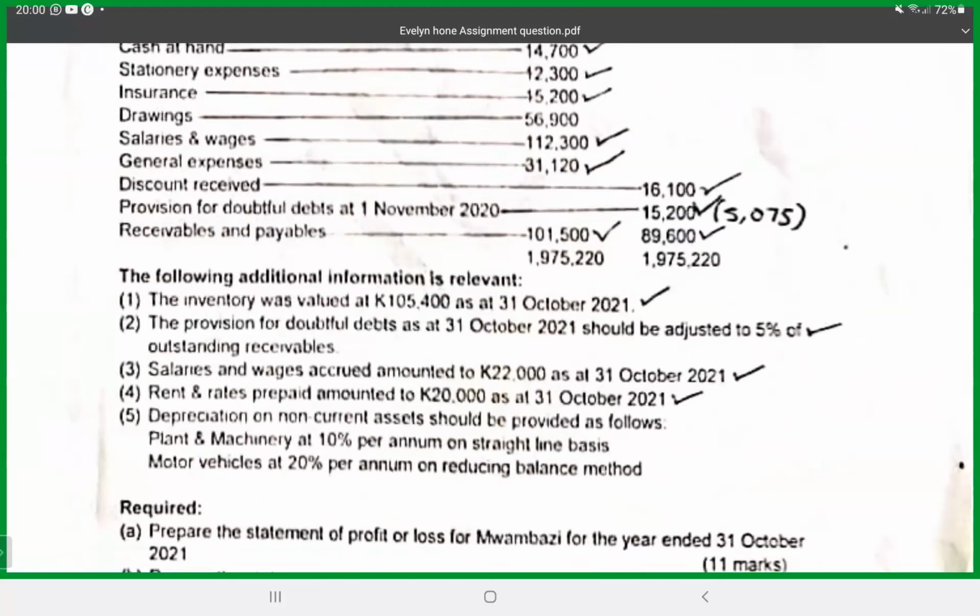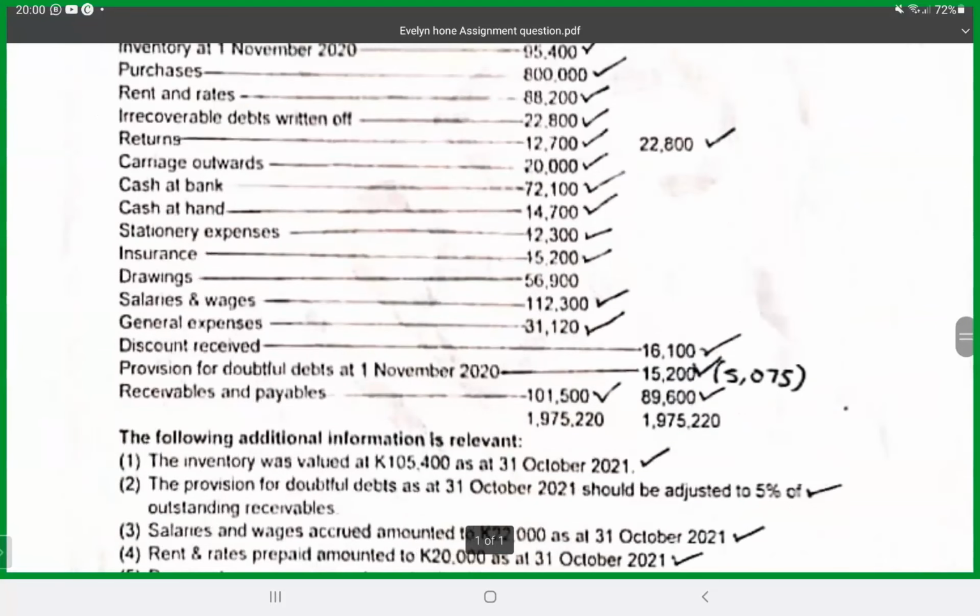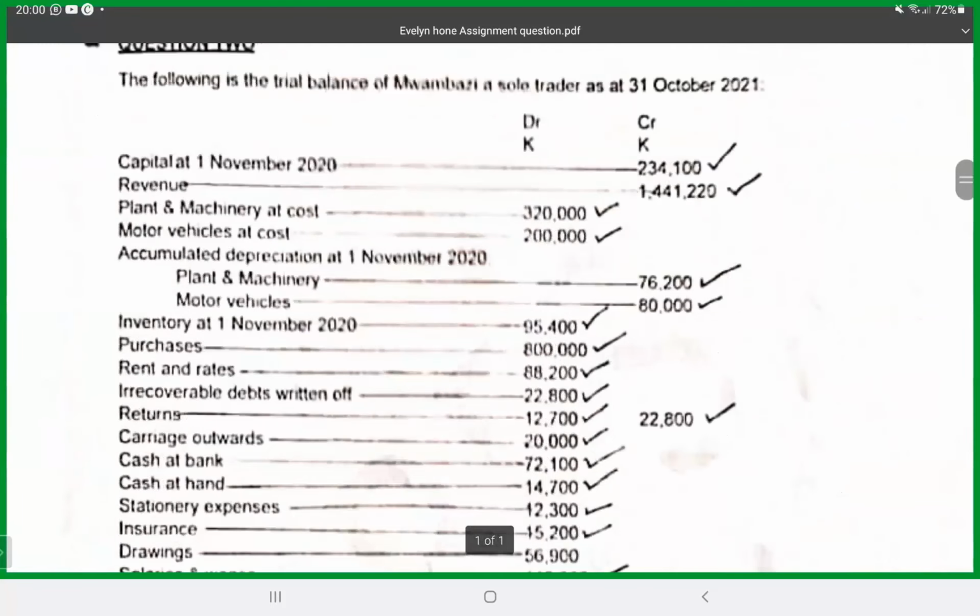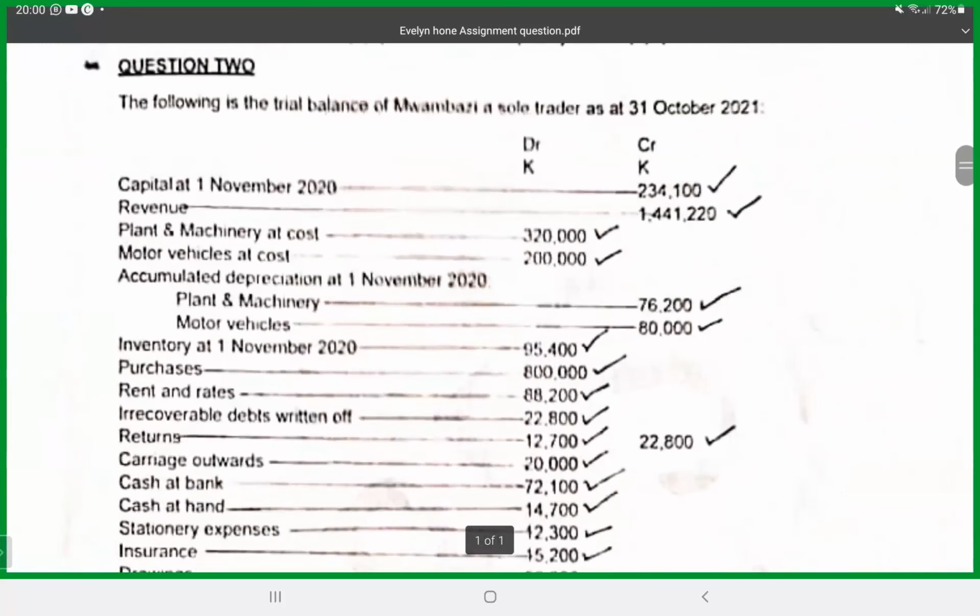That is the cost of the asset, in this case the motor vehicles, which is 200,000, less the accumulated depreciation at the beginning of the period.